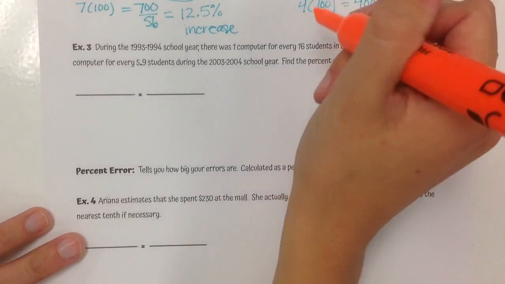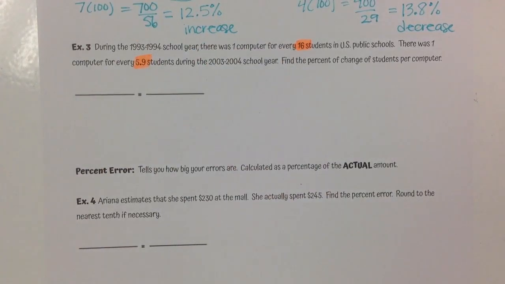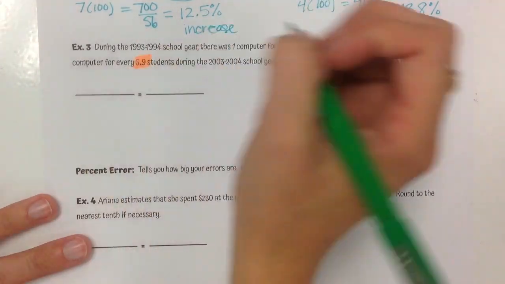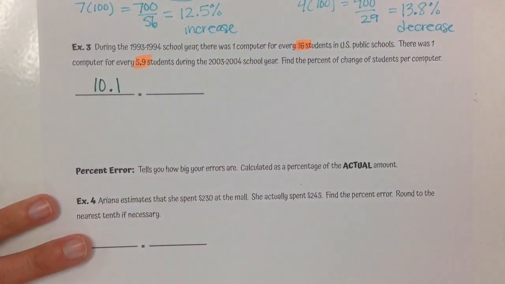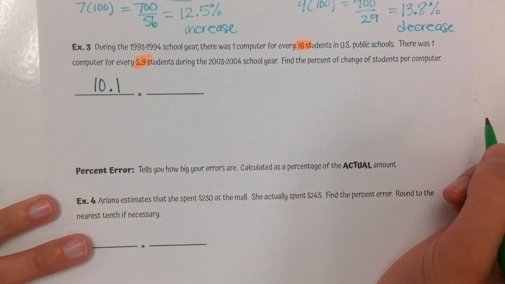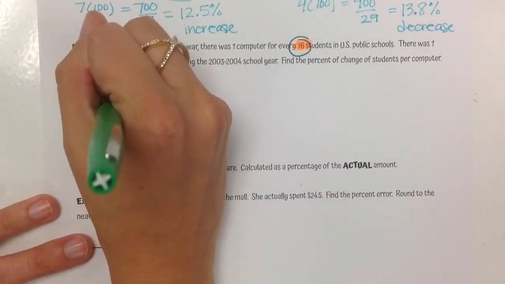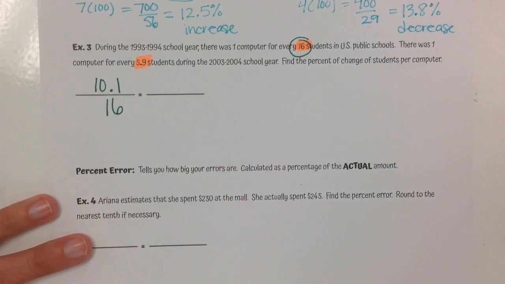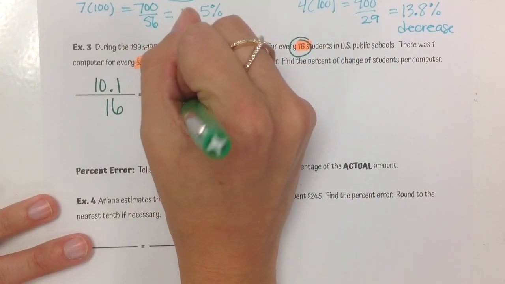We don't care about the years, really. We're talking about the number of students. So the change in the number of students, 16 minus 5.9 is 10.1, 10 and 1/10, over the original amount. It started with the original of 16 students, equals what percent out of 100?